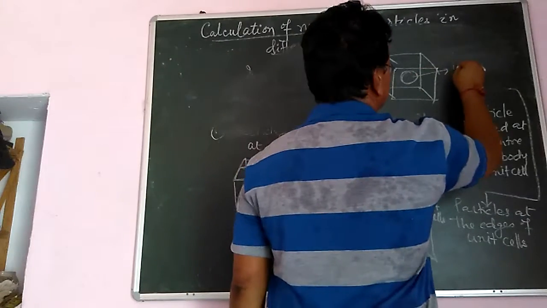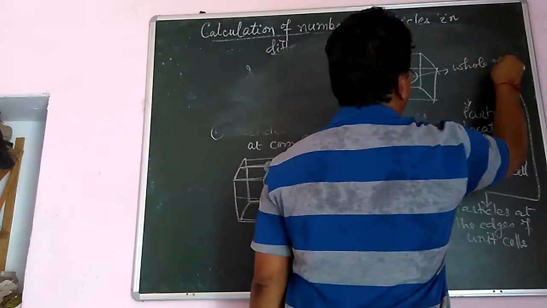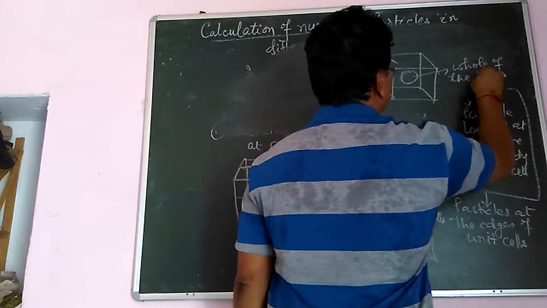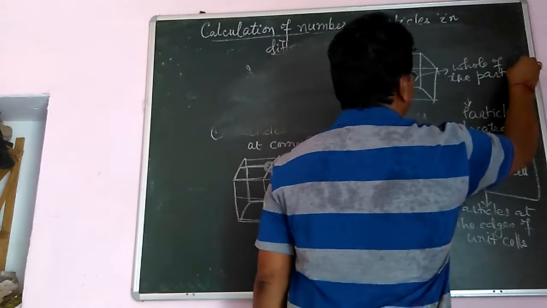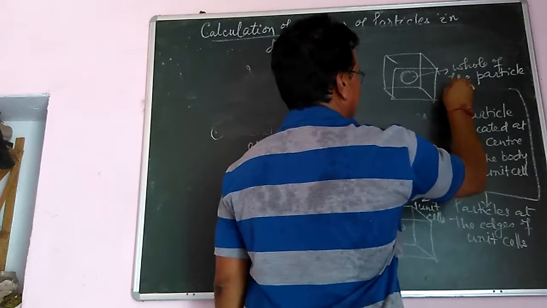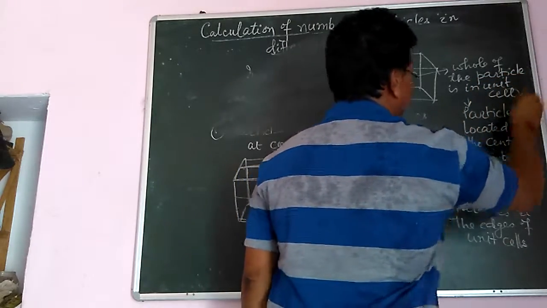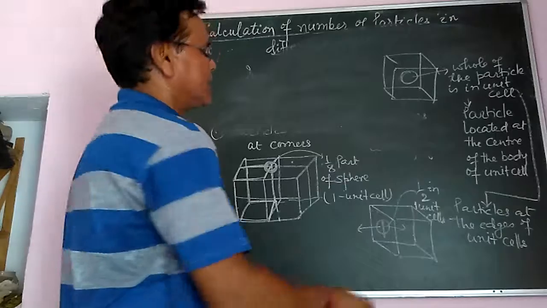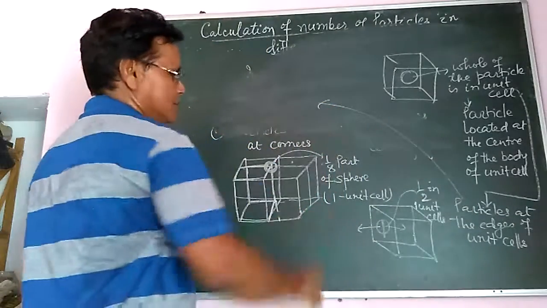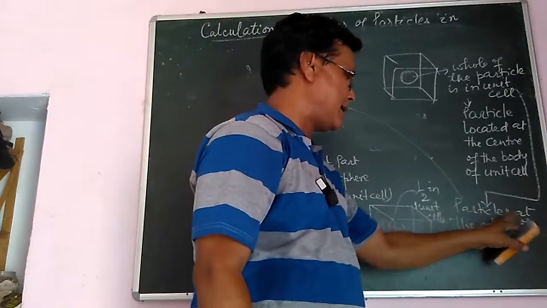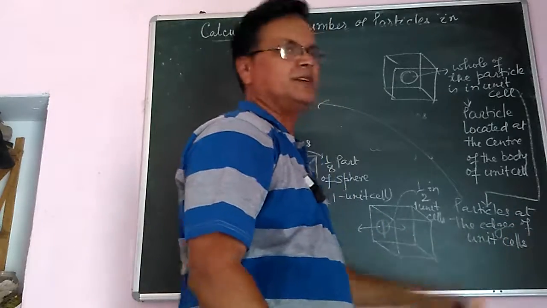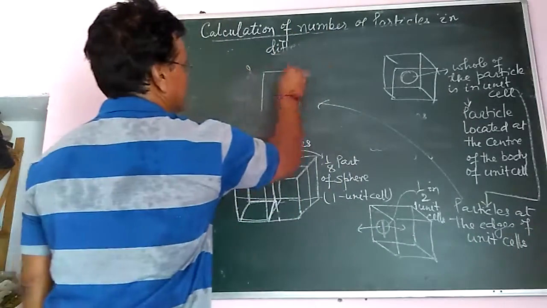It means the whole of the particle is in the unit cell. Now in the fourth case, particles at the edge of the unit cell. See here the edge of the unit cell.